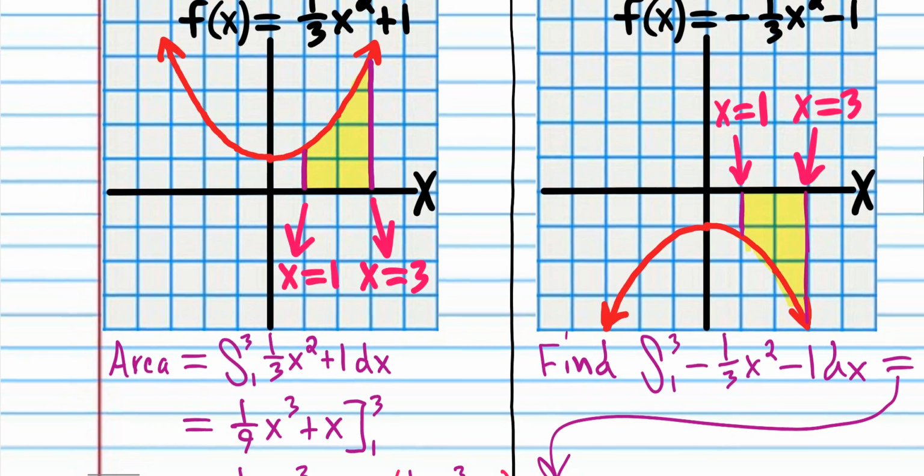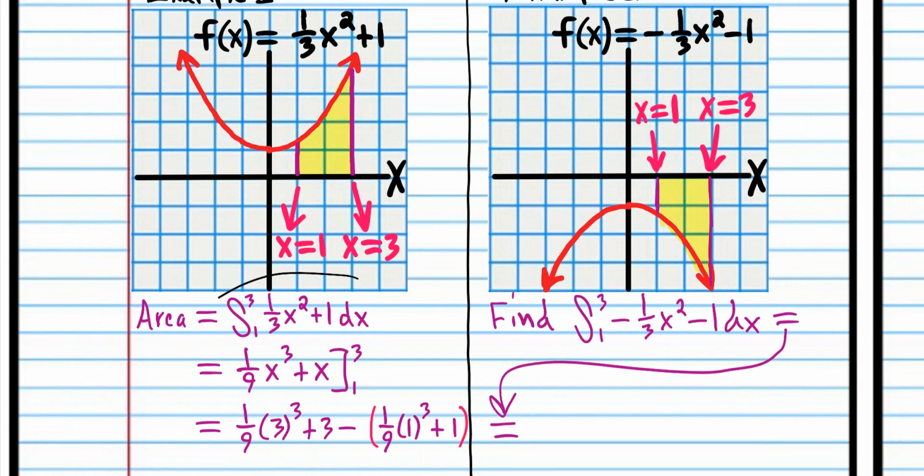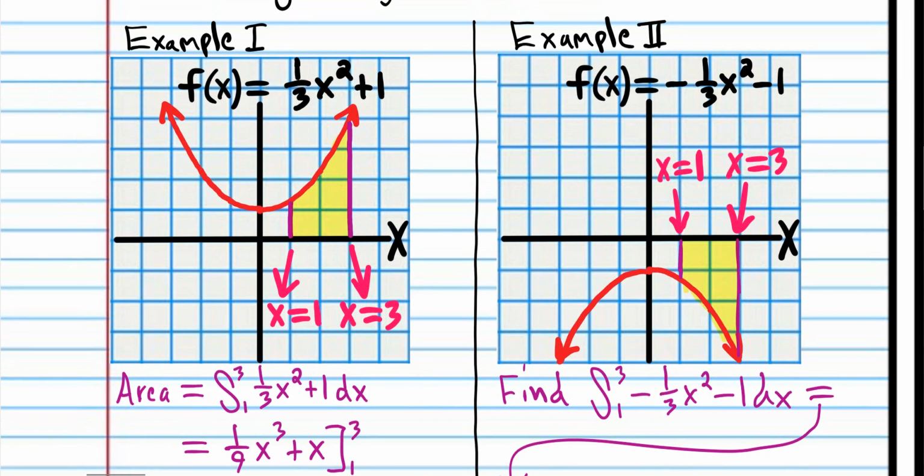So for example, 1 and 3 are the limits of integration if we try to find the value of this integral. Now, so far in this course, we have found the area between the graph of a function and the x-axis when the graph is above the x-axis.